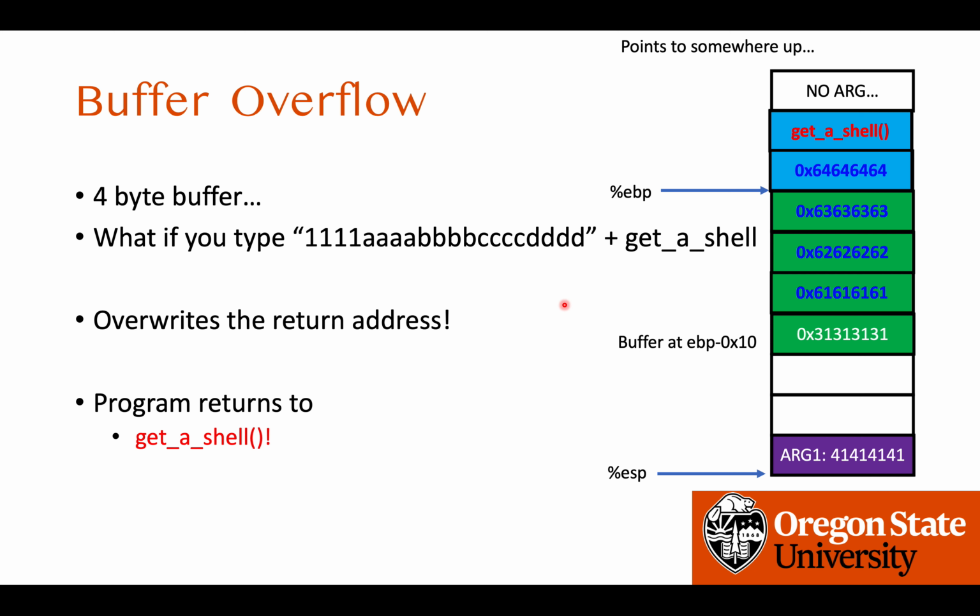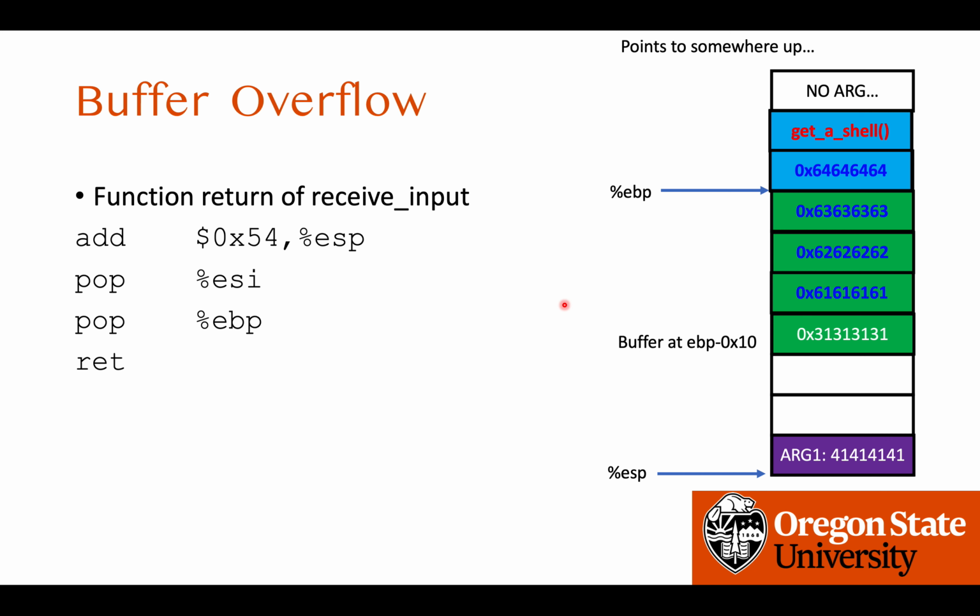To understand the frame pointer attack more correctly, as a prerequisite, let's take a look at the function epilogue and how the stack changes in detail. We have the following 4 instructions at the end of the function. The first instruction is add 0x54 to ESP. 0x54 is 84 in decimal. That exact value was subtracted from ESP at the function prologue, so it is added back at the epilogue.